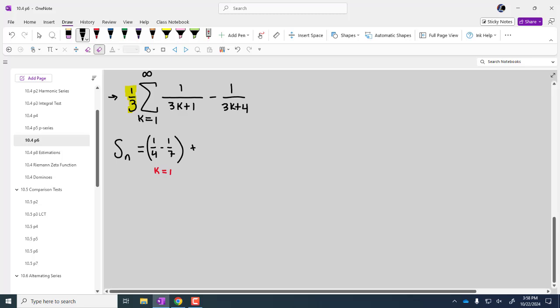When k is 2, we get 1/7 minus 1 over 10. When k is 3, we get 1 over 10 minus 1 over 3 times 3 is 9, so 13. Plus, then we do some dots in the middle. And then we plug in n minus 1, which gives 1 over 3n minus 2 minus 1 over 3n plus 1.